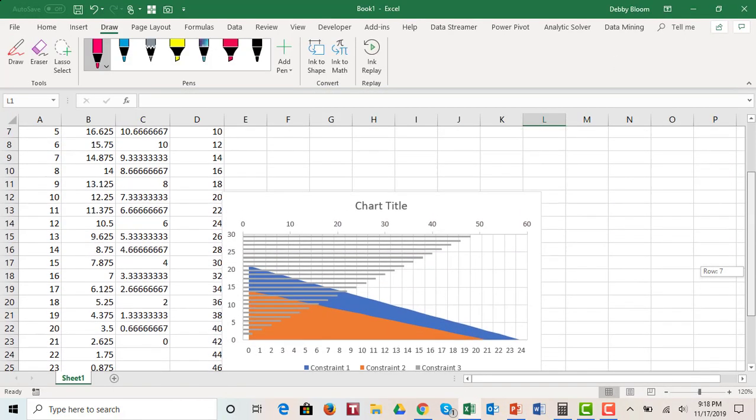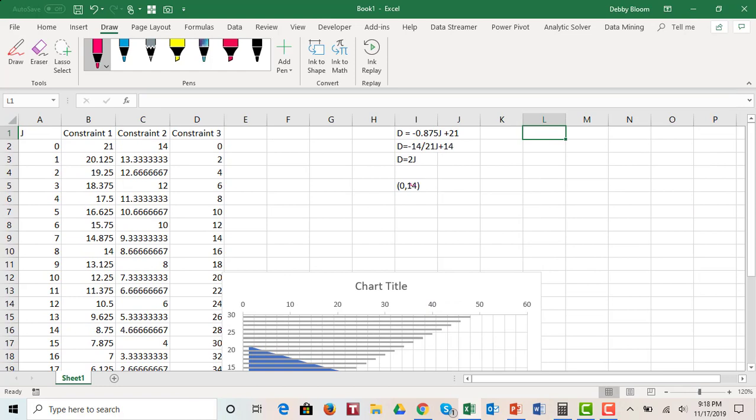So I'm going to solve those two equations simultaneously. In cell L1, just to remind you of the two equations, our first one, j plus 1.5d equals 21, and our second equation, d equals 2j.